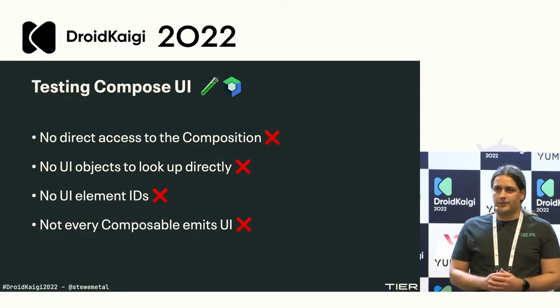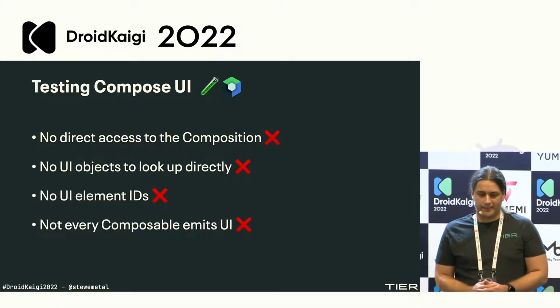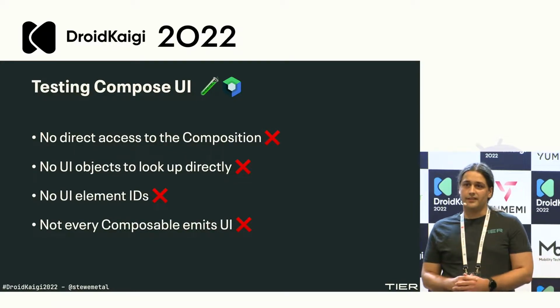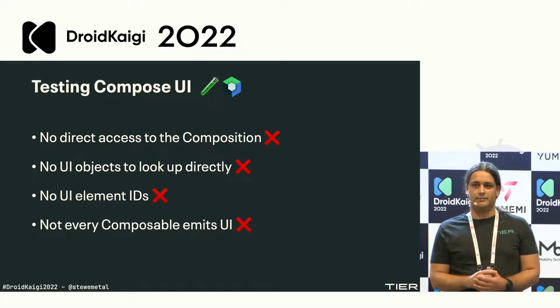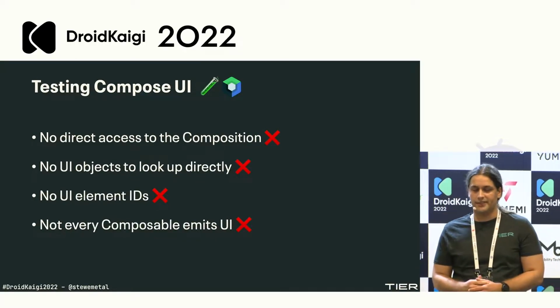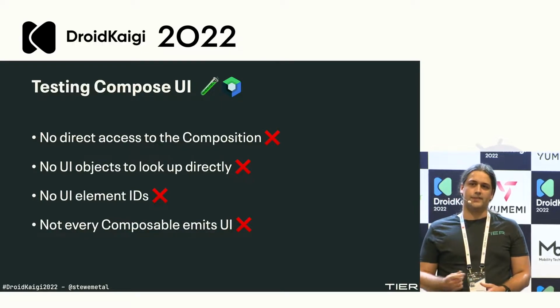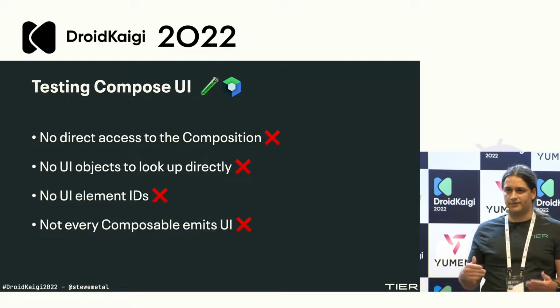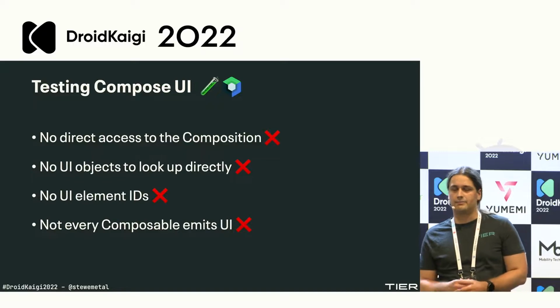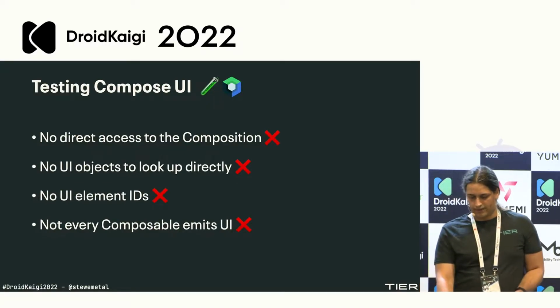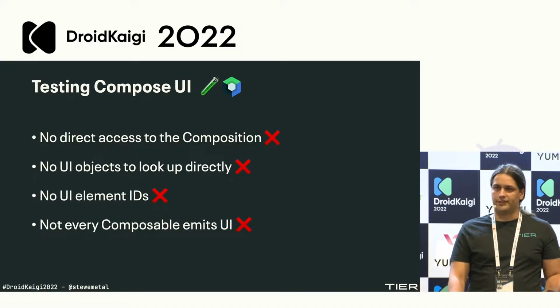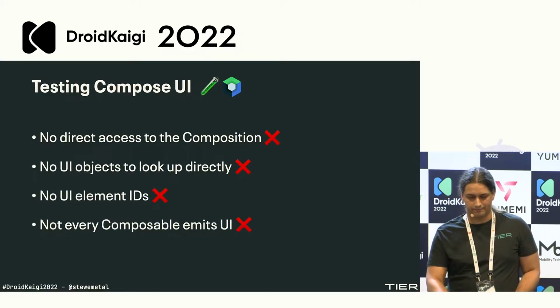Because of this, of course, we don't have IDs that we can reference by, pretty much. And also, while we can write many composables and nest them really deeply, not every composable actually emits UI into the composition. Some of them just emit, for example, layout information. So that's what we will be working with when we want to test Compose UI.